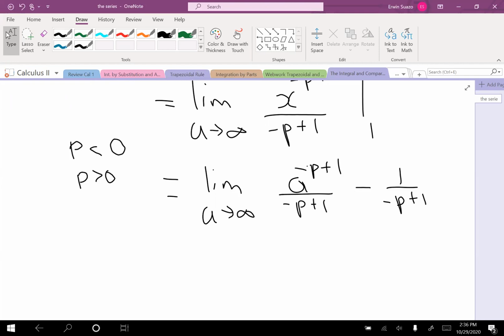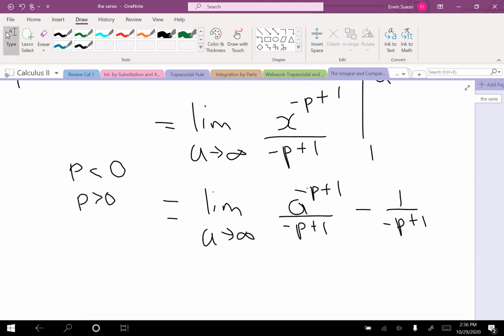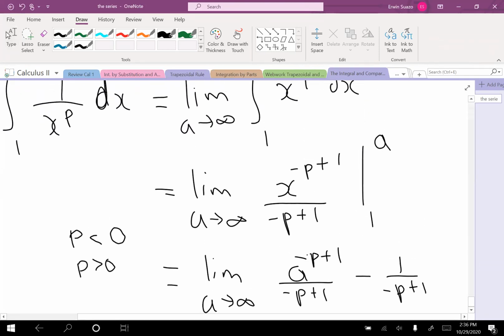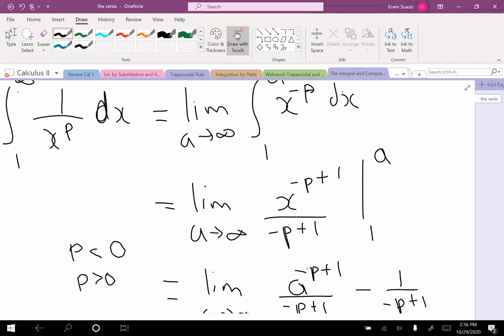Yeah, p has to be greater than 1 to do this, right? So let's assume p bigger than 1, because if p is 1, minus 1 plus 1 is division by 0. So I need p bigger than 1 to do this integral this way, okay? So let's assume p is bigger than 1.